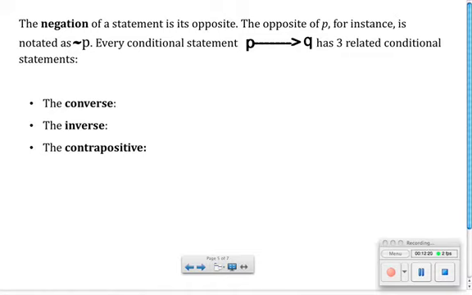The negation of that is simply today is not Friday. Very simply, when you're trying to negate a statement, you just throw a not into it. If there already is a not in there, for example, the statement today is not Saturday, the negation of that would be, today is Saturday.